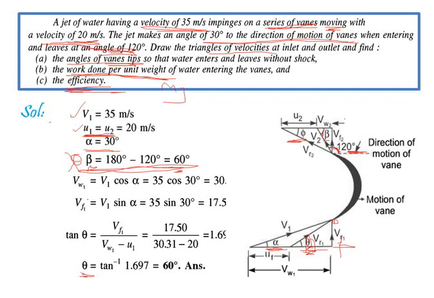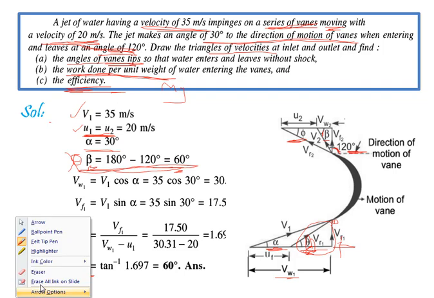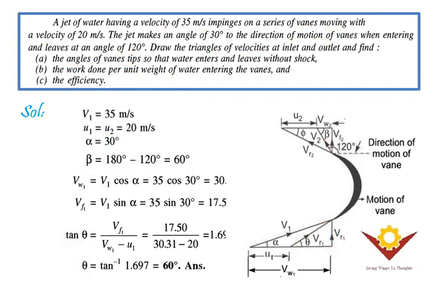See, from this particular triangle, from this figure we can find this theta, right? Before that we require this particular value. For that we require this VW1 from the total triangle.